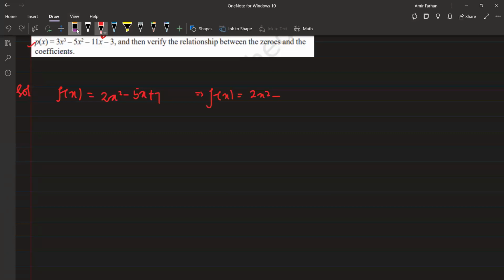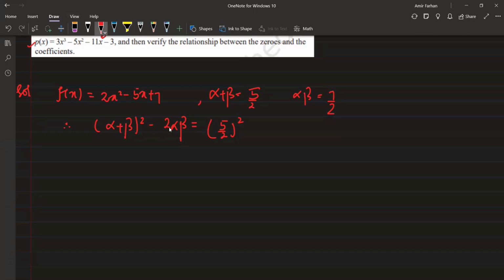In that, I don't get its product. So basically you are saying that alpha plus beta is equal to 5/2 and alpha beta is equal to 7/2. If you take this method, you have to square the terms: alpha plus beta square minus 2 alpha beta, which is equal to 5 by 2 square. Is that clear?